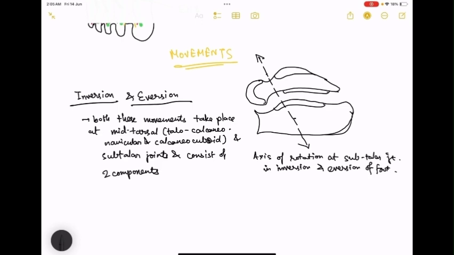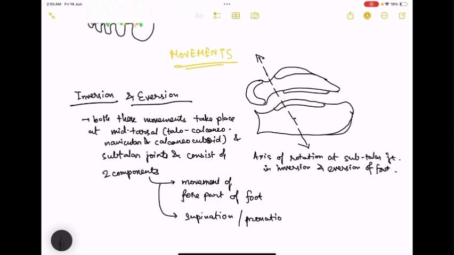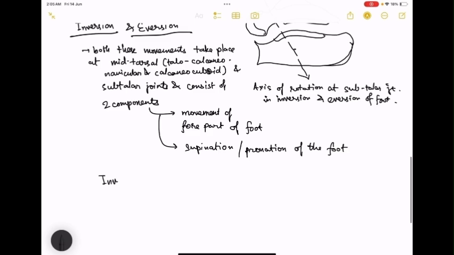What are the two components? Basically, it consists of movement of the forepart of the foot, and second is supination or pronation of the foot. So let's get into the inversion movement first.